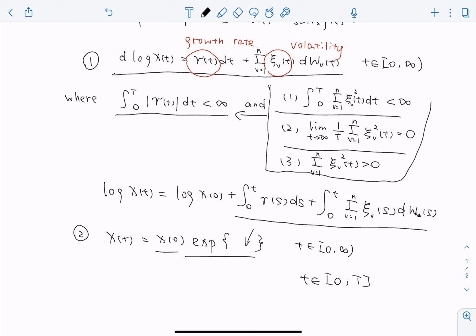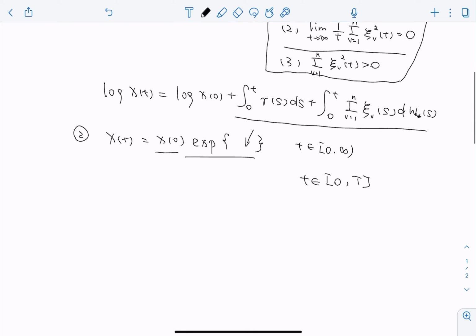So let's move on. It's clear from definition 1 that the log of X of t is a continuous semi-martingale, because the first term is a bounded variation component, and the other term is a local martingale component.